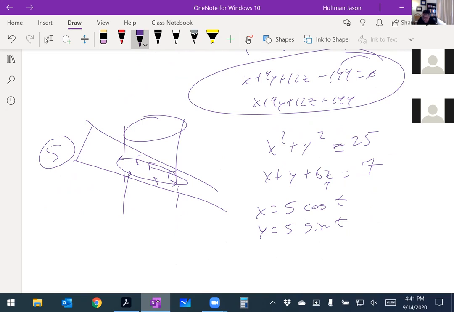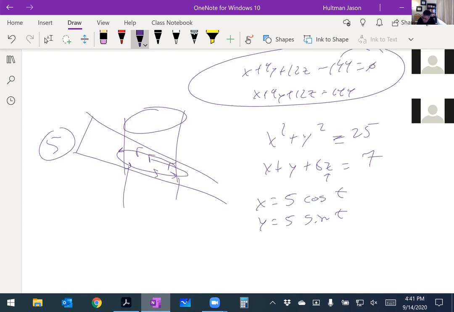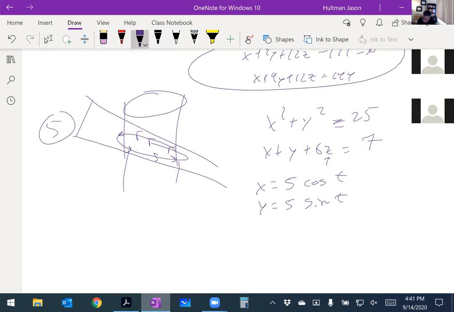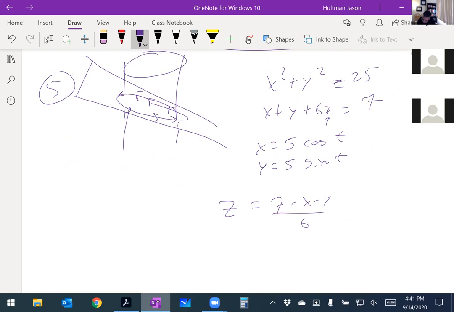I don't have a z for the cylinder; z can be anything you want it to be. So z is equal to 7 minus x minus y, all over 6. So this becomes 7 over 6 minus x over 6 minus y over 6. That's my f of x, y.